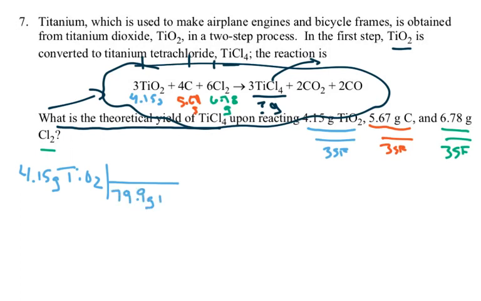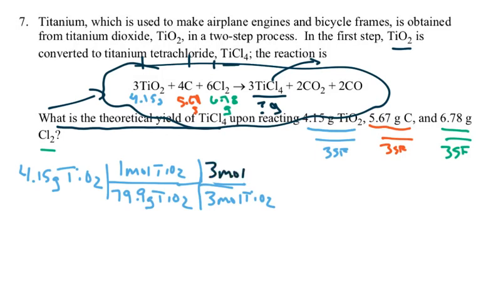79.9 grams TiO2, 1 mole of TiO2. Okay. Now, and sorry, darn it. Now, for every 3 moles of TiO2, we have 3 moles of TiCl4.